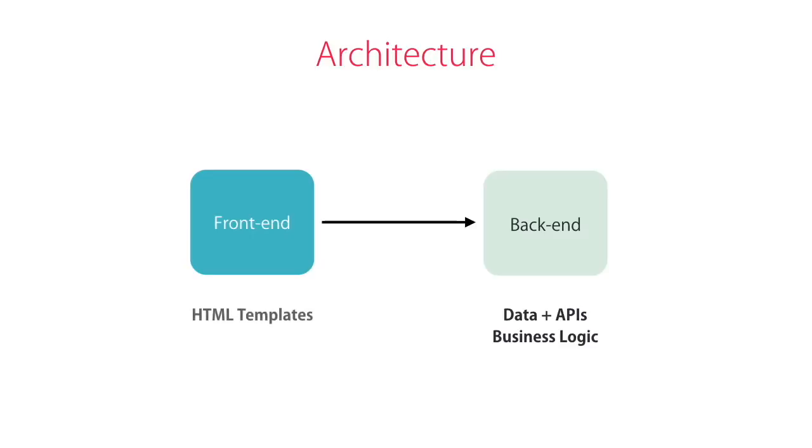So here we have our HTML templates, as well as the presentation logic of our application. This logic is all about displaying data and responding to user actions, like what should happen when the user clicks on a button or navigates away from a page.